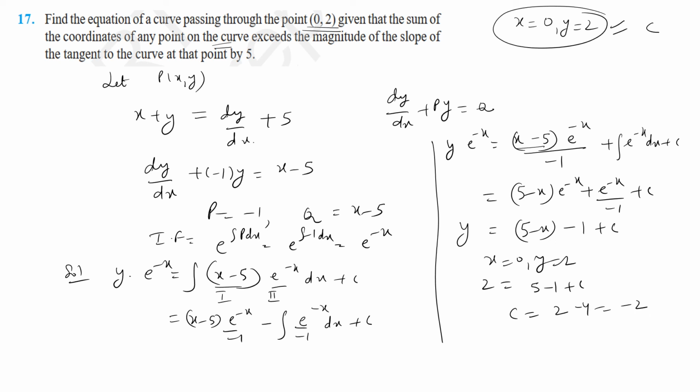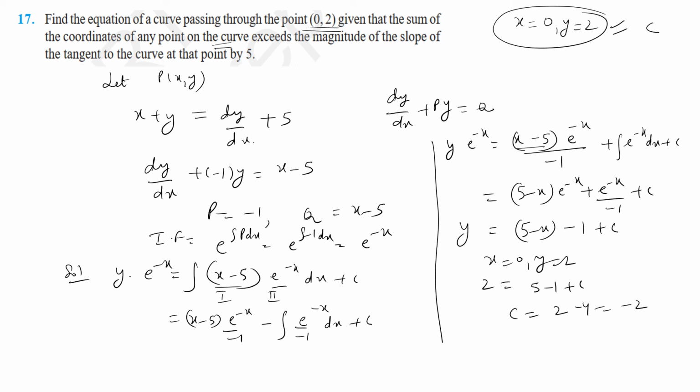Okay, the equation becomes 5 minus x minus 1 minus 2. So I think it is clear that the solution is given by y into, we will put it here in the equation up here, this one.